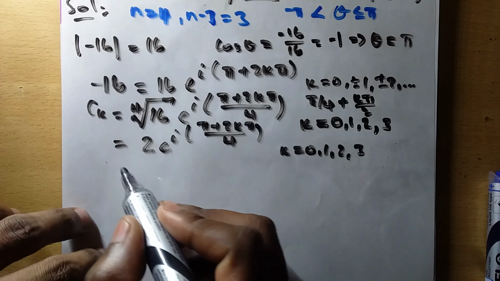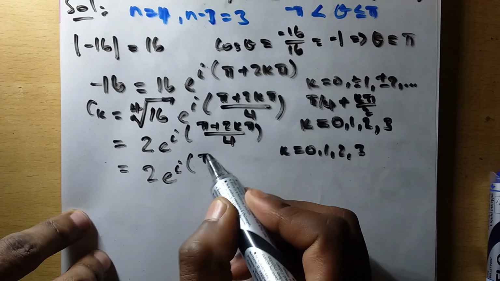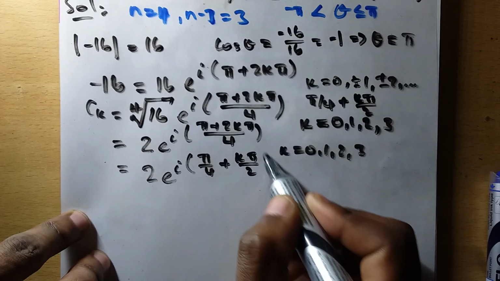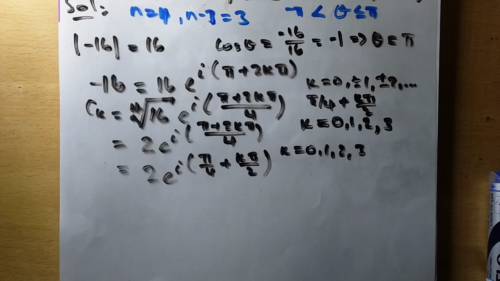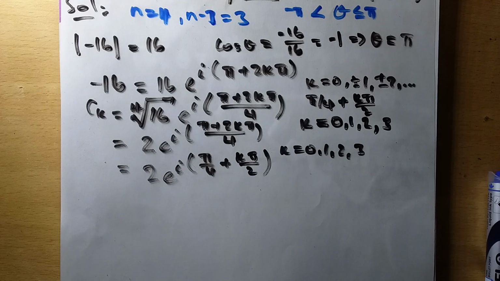But me personally, I would like to write it as 2e to the i times pi over 4 plus k pi over 2. It helps me better, okay? But if you still want to write it like this, it's the same thing, guys.